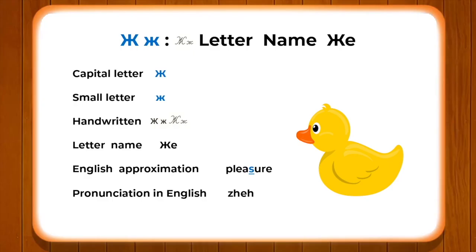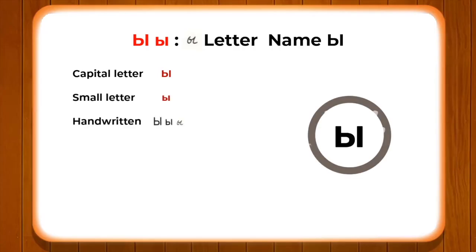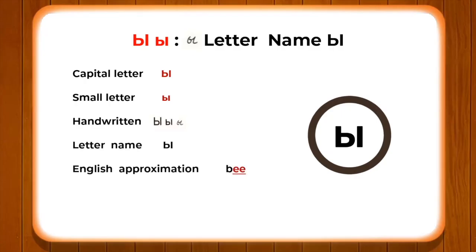Alright, now let's go ahead, and here we have a very interesting sound which is only found in the Russian alphabet, known as uy. For approximation only, we have used an English word, be.